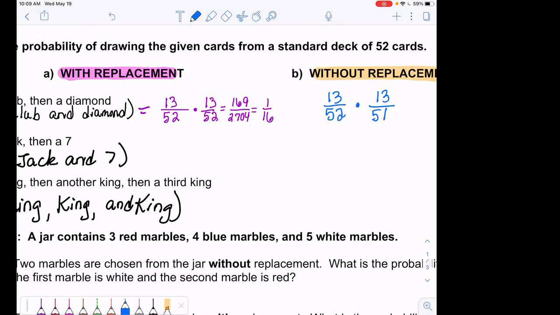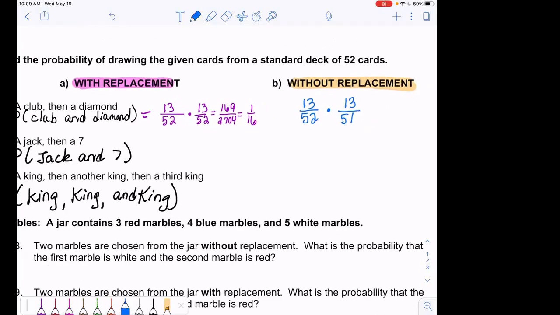So it's going to be 13 out of 51. That's the big difference in the problem. So it's still 169 on the top. Jason, how about 52 times 51? And that reduces to 13 over 204.